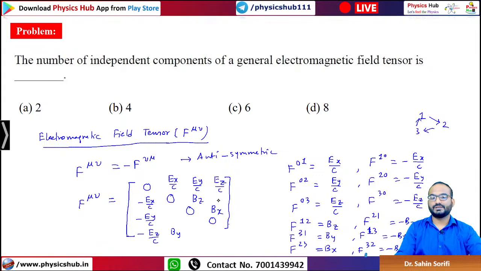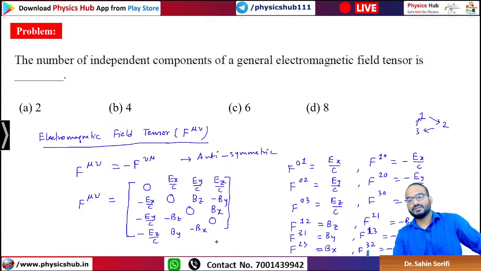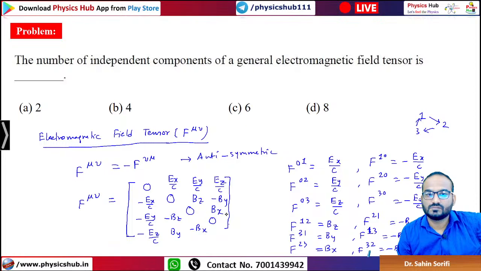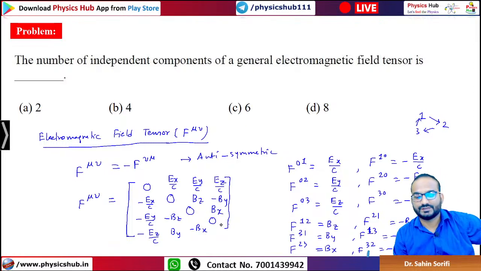So this is 13, so it will be minus By. This is 21 actually, minus Bz. This is 32, minus Bx. So this is your electromagnetic field tensor.